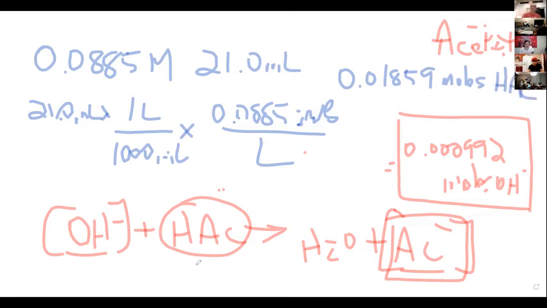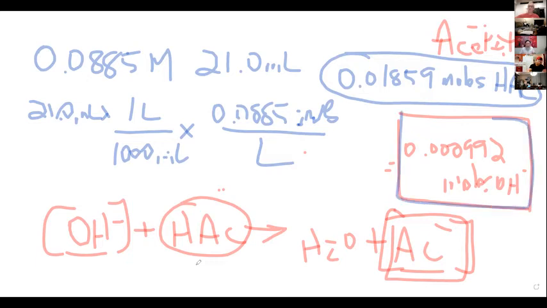So that gives us this many moles of acetic acid at the beginning, and at the midpoint, this is how many moles of hydroxide and acetate ion have been produced. So we need to know how many moles of acetic acid are left, and we just subtract.